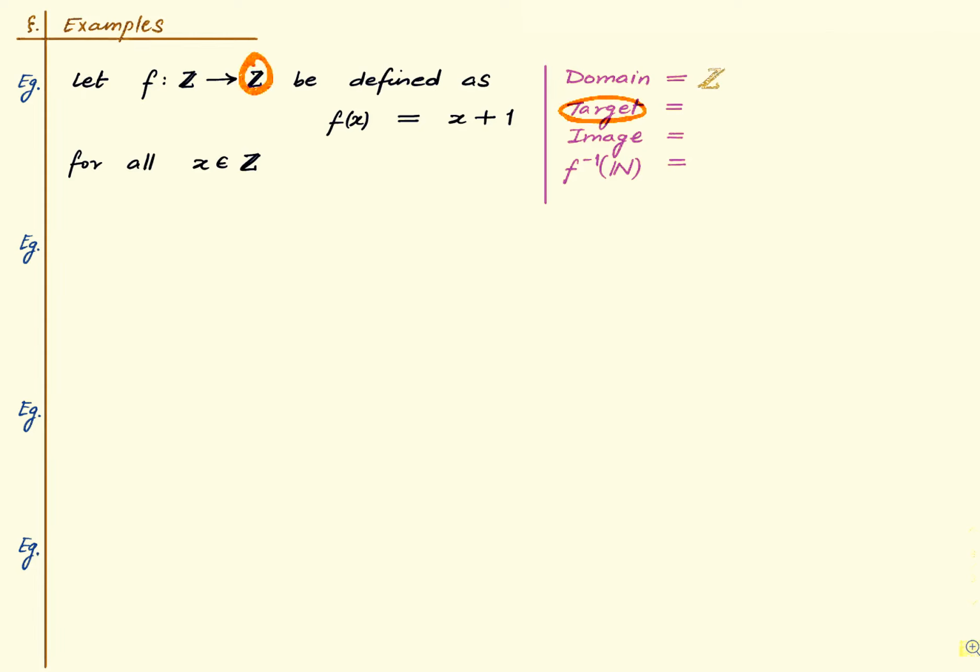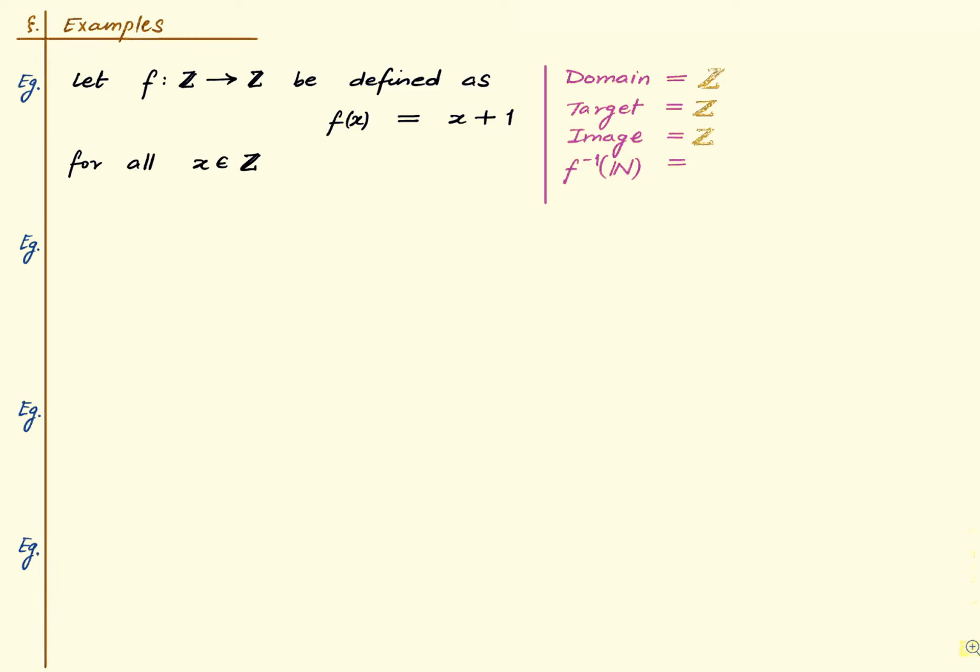This. Alright. What is the image of f? Meaning, what are all the integers of this form where x is an integer? And if you think about it, every integer is of this form. And hence the image is the entire target.